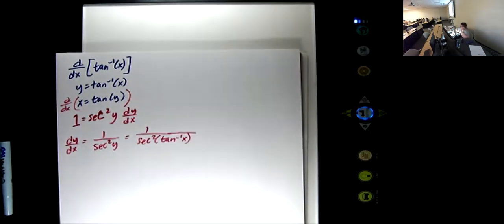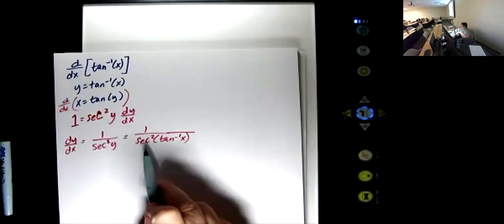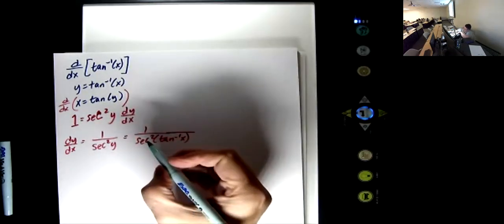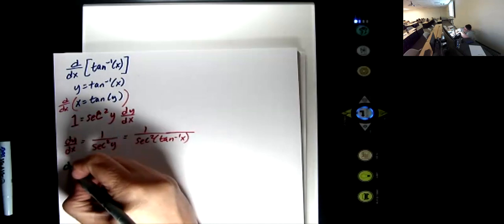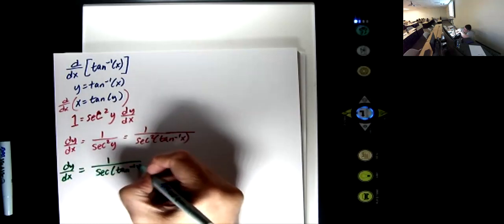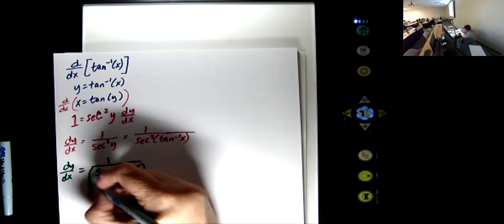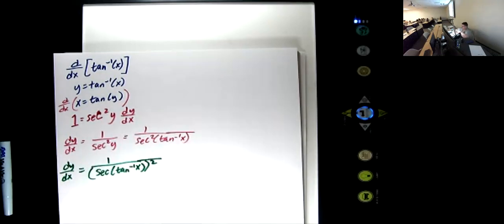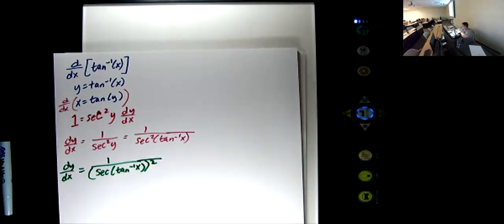And I think this is a little harder to do, so I'm going to rewrite it the way it is. A lot of students forgot this: the derivative of secant squared x is really secant x, that thing squared. This is 1 over secant of tangent inverse x, squared. Students were missing that earlier.